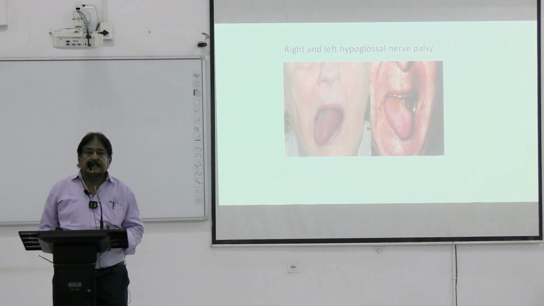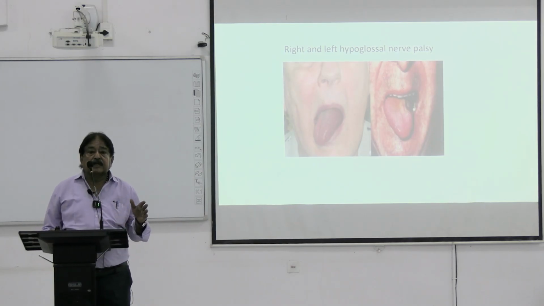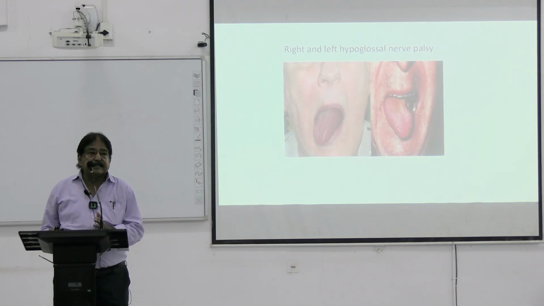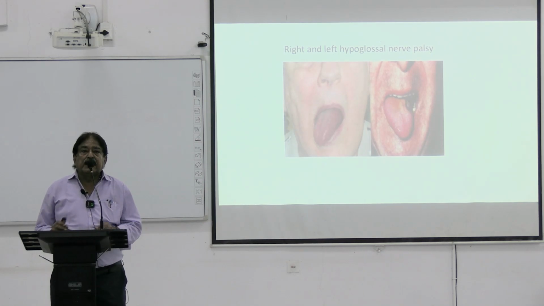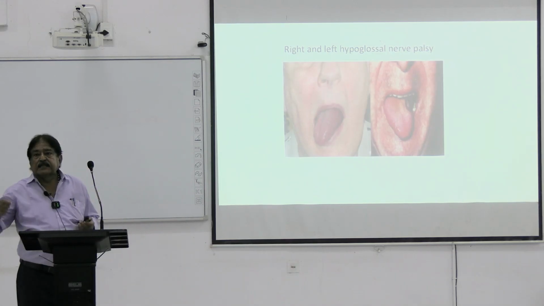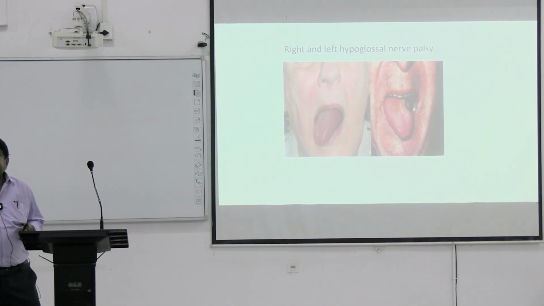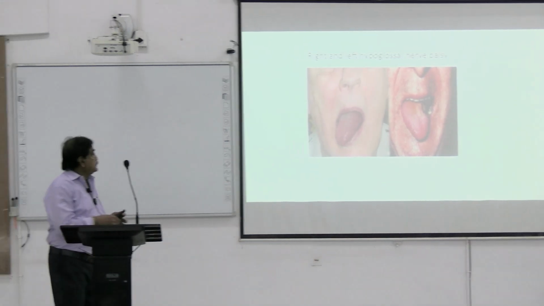So when you go to clinics, you don't think that this is to be lost. This knowledge you have to gain, acquire and retain. You have to gain, acquire and retain the knowledge of the cranial nerves, and you have to practice quick examination in your clinics.